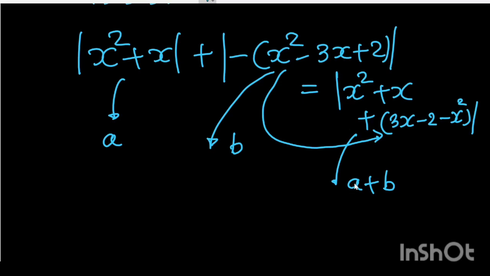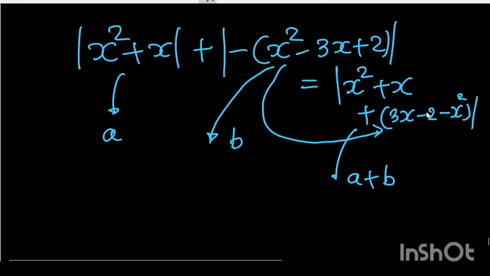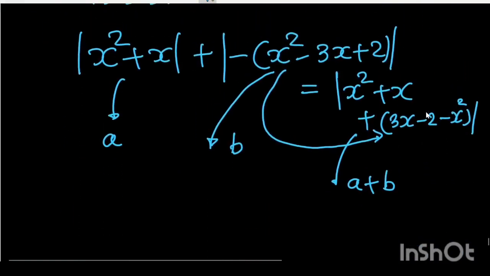Because if you solve x square plus x plus 3x minus 2 minus x square, it gives you 4x minus 2. So a is the same, b you multiply by minus 1 and then consider it as b, so it will fit into that identity, that formula mod a plus mod b is equal to mod a plus b.